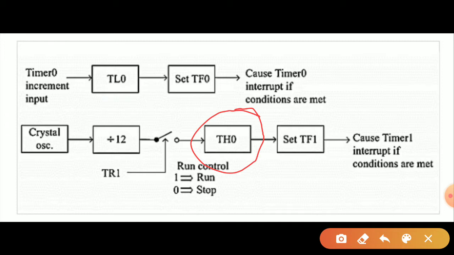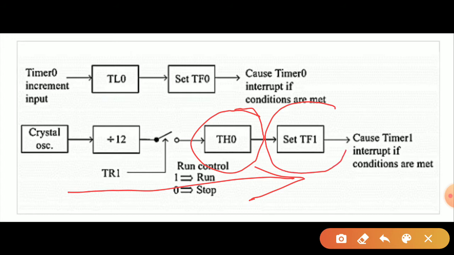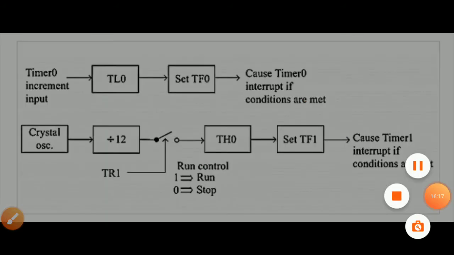That is why this can only be used as the timer, and the maximum count that is possible using both these timers is equal to 255 decimal only. And this particular timer uses the control bits of timer 1 for its run and overflow bit settings.